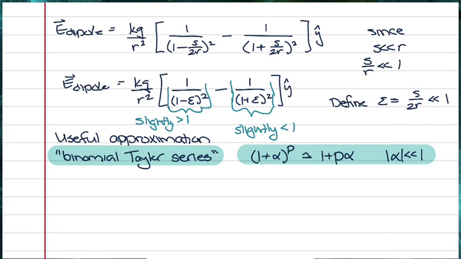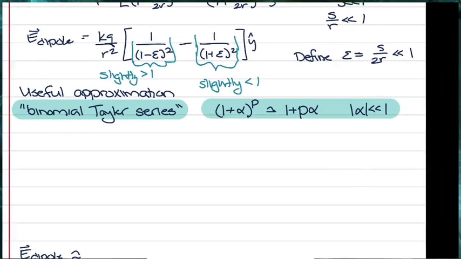Which means I'm taking something slightly greater than 1, and subtracting something slightly less than 1. So overall, I expect the net value to be positive, right? It's like I have 1.0001, and then I'm subtracting 0.99999. I'm going to get a very, very small number, but it's going to nonetheless be positive because that first term is ever so slightly bigger, right?